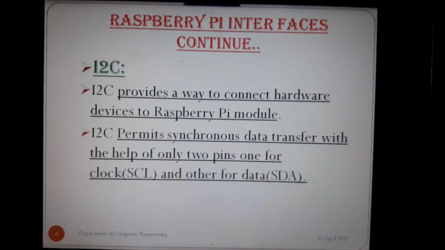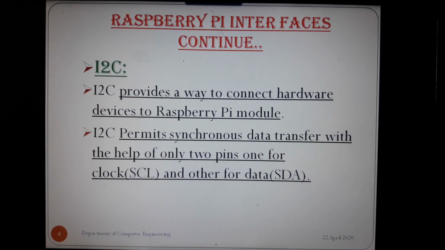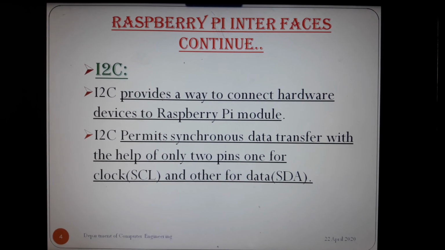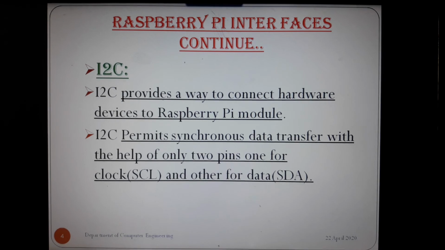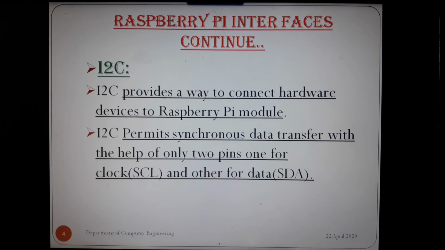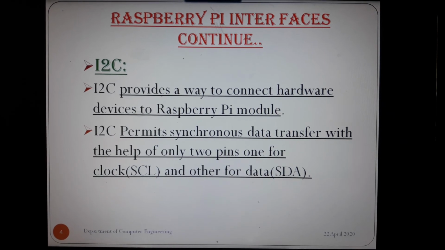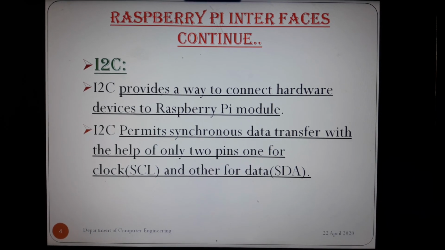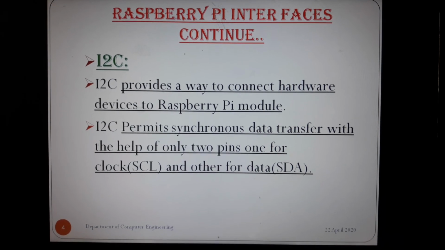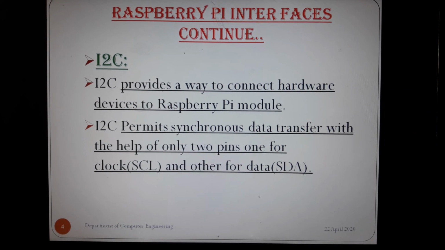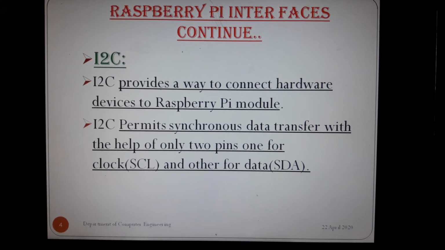Then I2C. I2C provides a way to connect hardware devices to the Raspberry Pi module. I2C permits synchronous data transfer with the help of only two pins, one for clock, SCL, and the other for data, SDA.